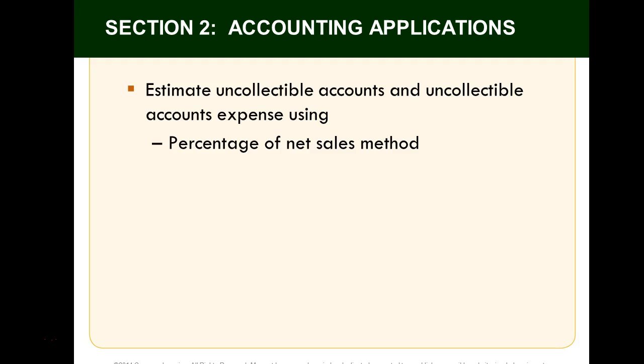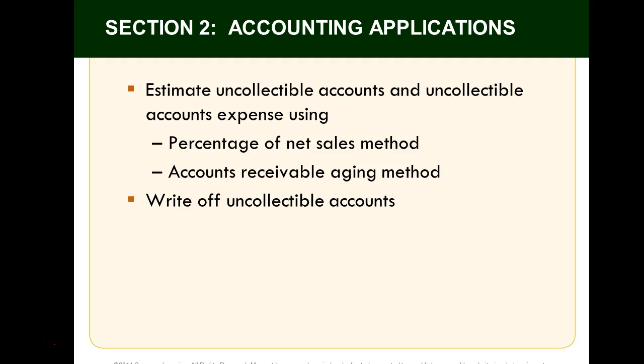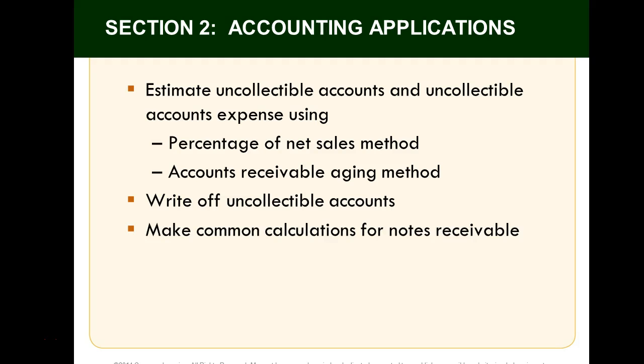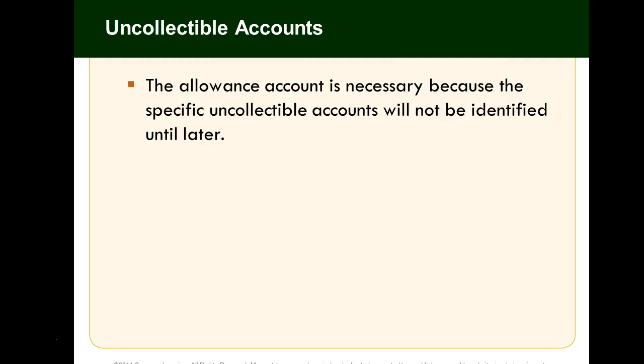One way is using a percent of net sales. One way is to use something called the accounts receivable aging method. So the longer accounts receivable are sitting out there, the longer we know those aren't going to be any good. Then we're going to write off the uncollectible accounts and make some calculations related to notes receivable.